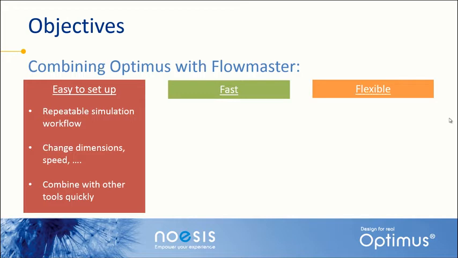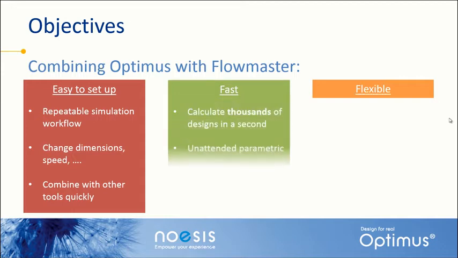You can take repeatable simulation tasks and very quickly automate them. This gives you the ability to change parameters such as dimensions, speed, etc. very quickly. And it also allows you to integrate Flowmaster with other tools that are available. Flow EFD is one such example.